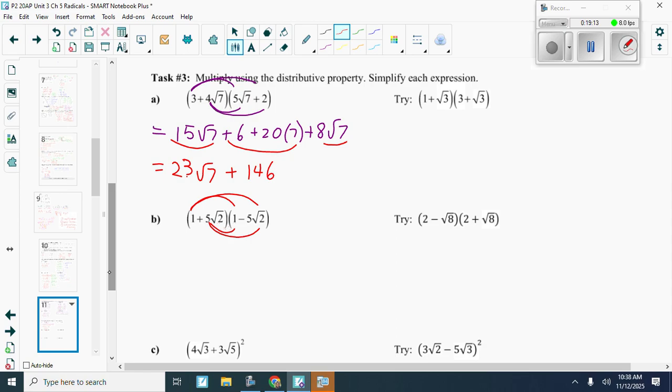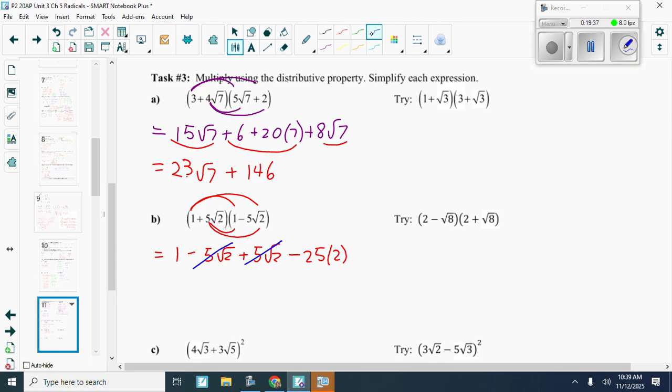An interesting thing about conjugates and the reason why we use it is because when we do FOIL, we multiply it out. So this gives us 1 minus 5 root 2 plus 5 root 2, and then subtract 25 times 2. We'll notice that we have a plus 5 root 2 and a minus 5 root 2.